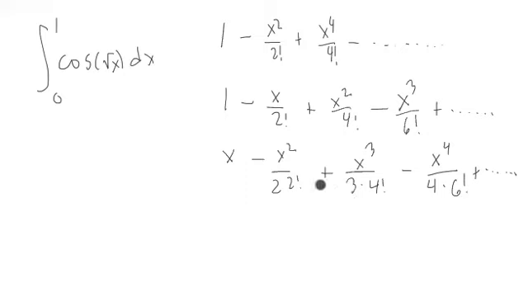Okay, and we can evaluate from 0 to 1, and we'd end up getting 1 minus 1 over 2 times 2 factorial, plus 1 over 3 times 4 factorial, minus 1 over 4 times 6 factorial.